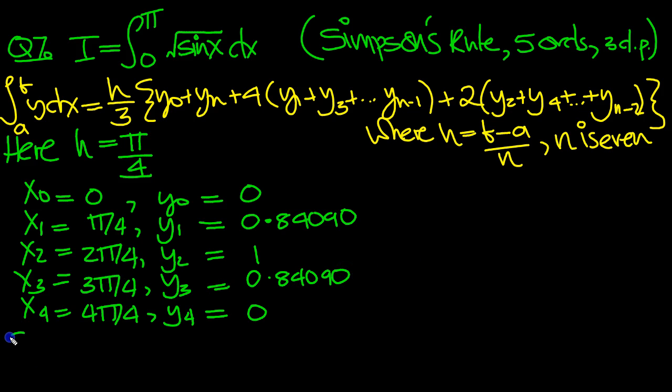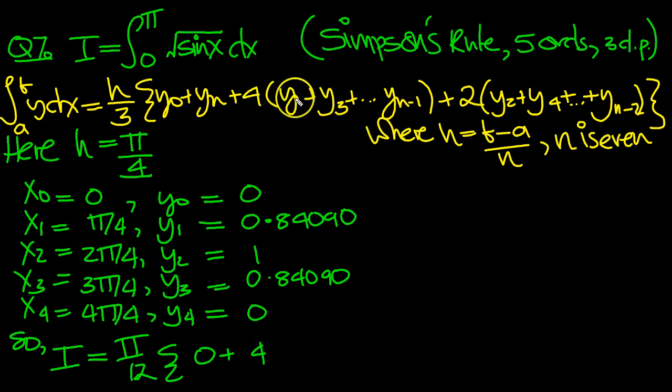Okay, so what have we got then? We've got our values, so the integral, according to Simpson's rule, equals h over 3, isn't it? So it's pi over 4 over 3, which is pi over 12, times the first and the last, 0 plus 0 is 0, plus 4 times all the odds, so that would be that one and that one.